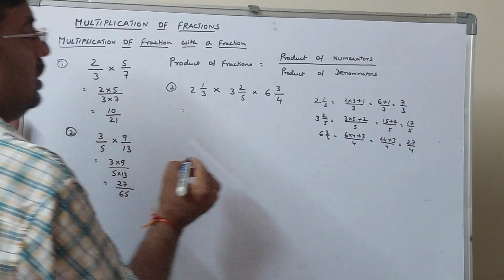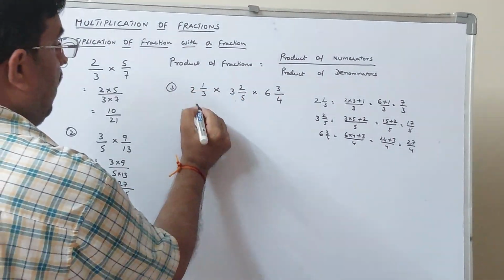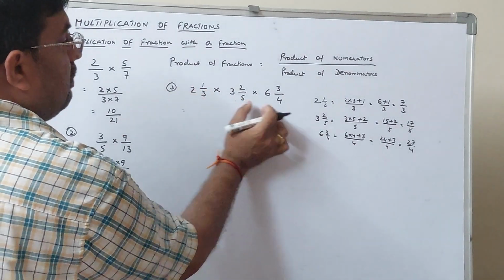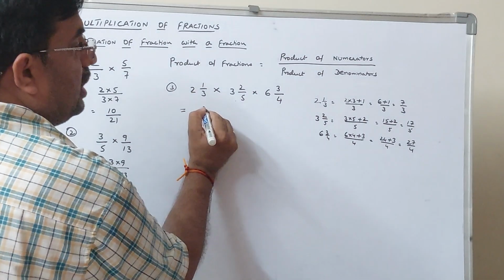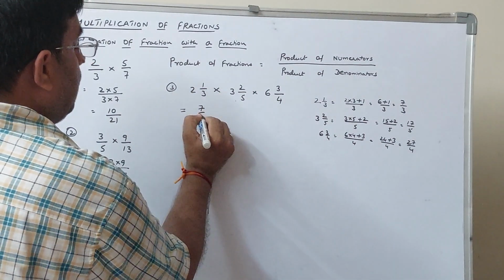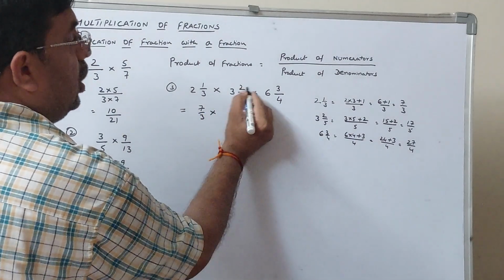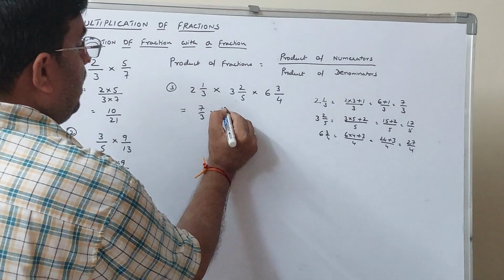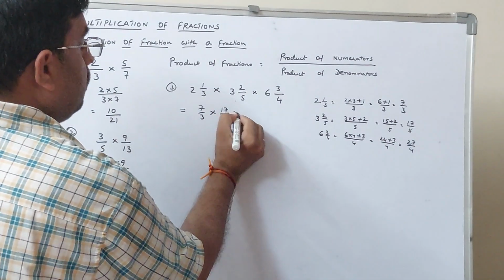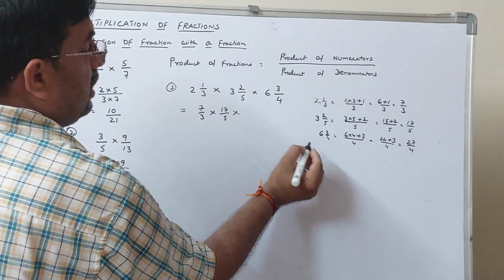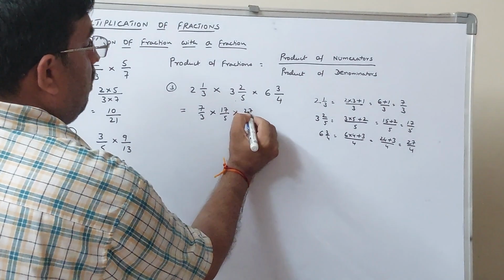So what you have to do is convert the mixed fractions into improper fractions. 2 1 by 3 means 7 by 3, into 3 2 by 5 means 17 by 5, into 6 3 by 4 means 27 by 4.